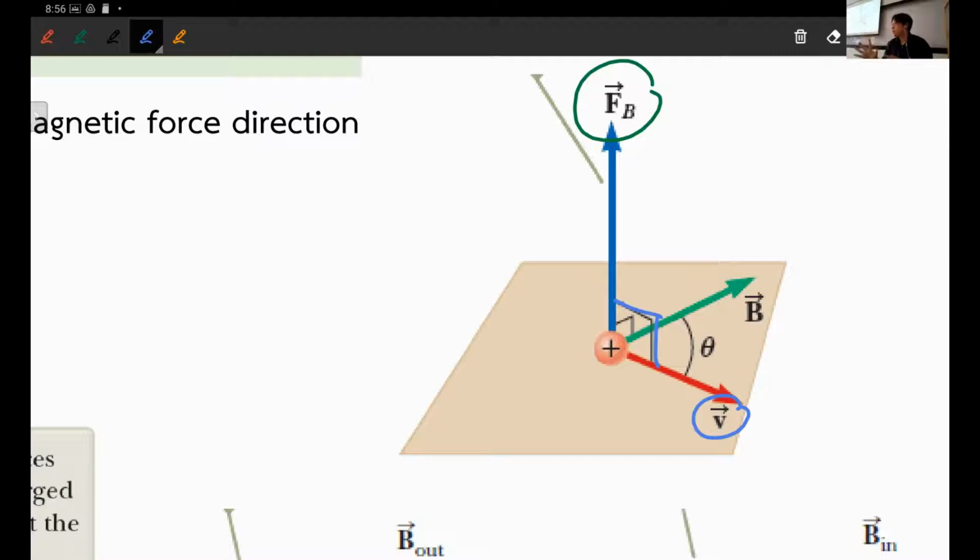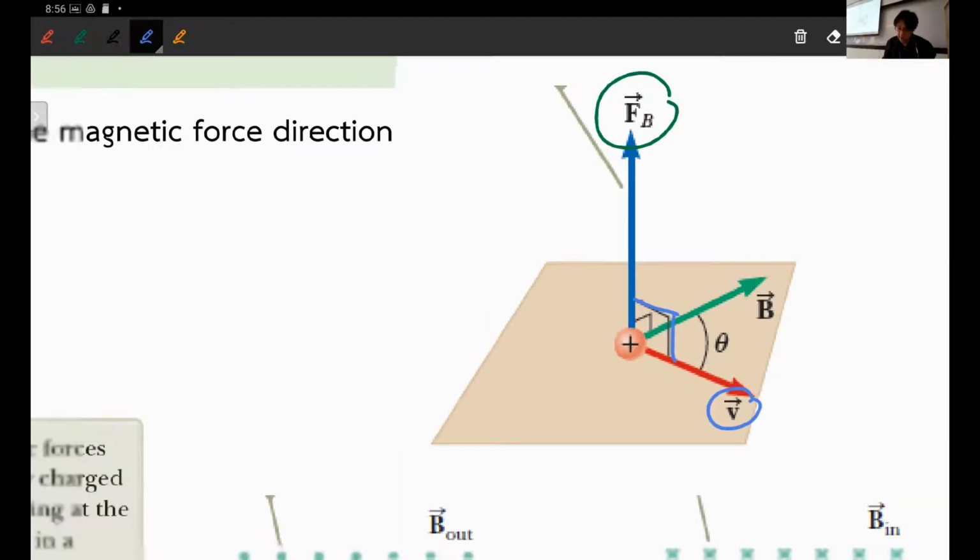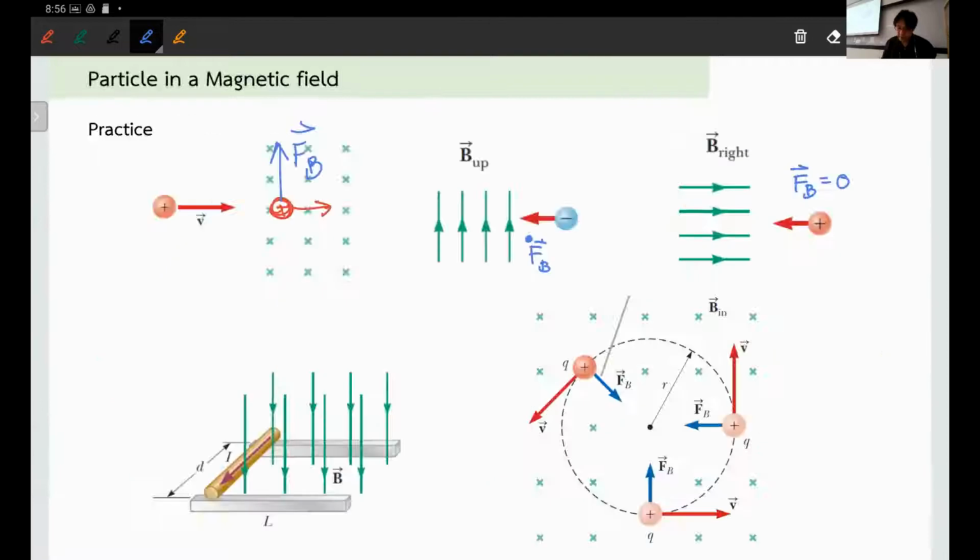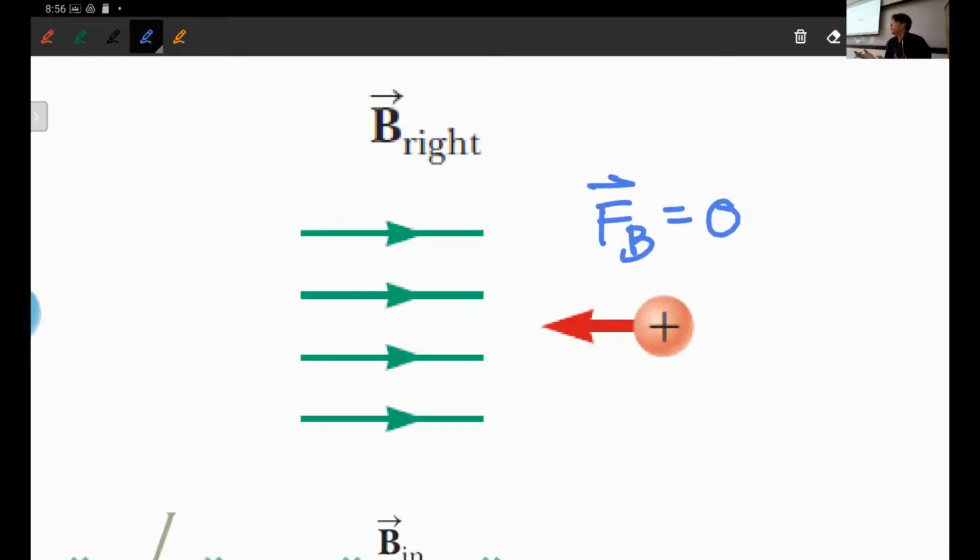In this case, they are not perpendicular at all, and you cannot make them perpendicular whatsoever. They are anti-parallel. So that's why there will be no magnetic force acting on this charge. Sounds good? All right, keep going.